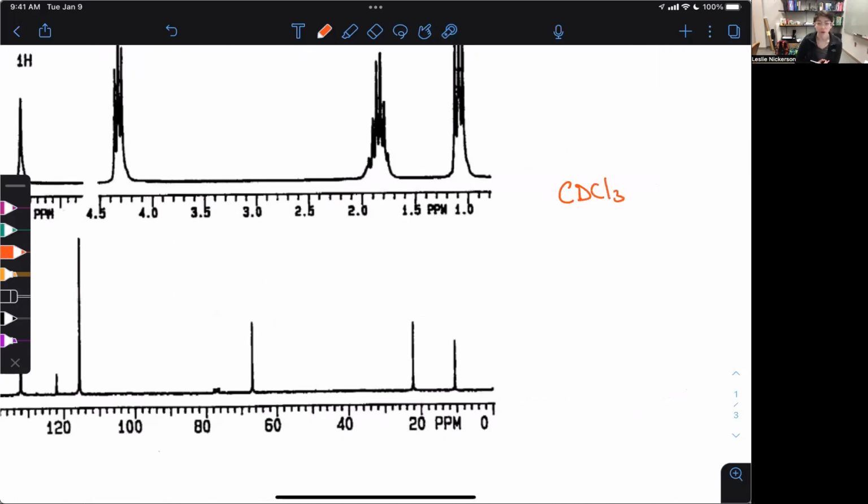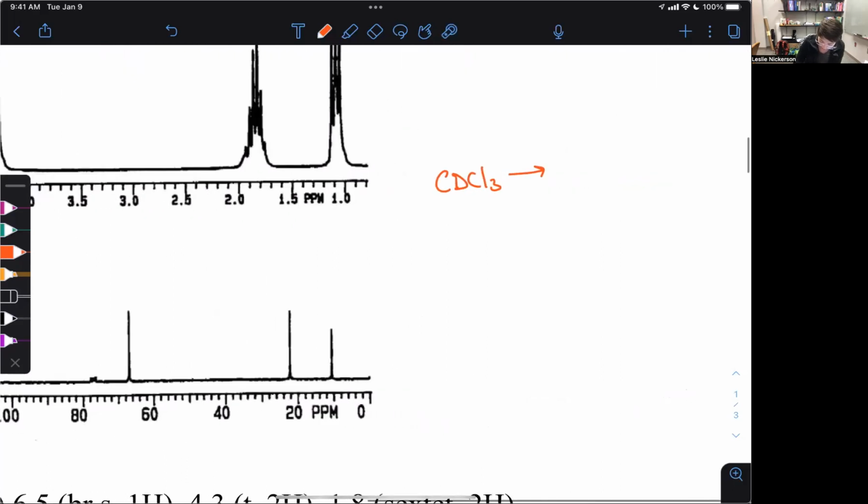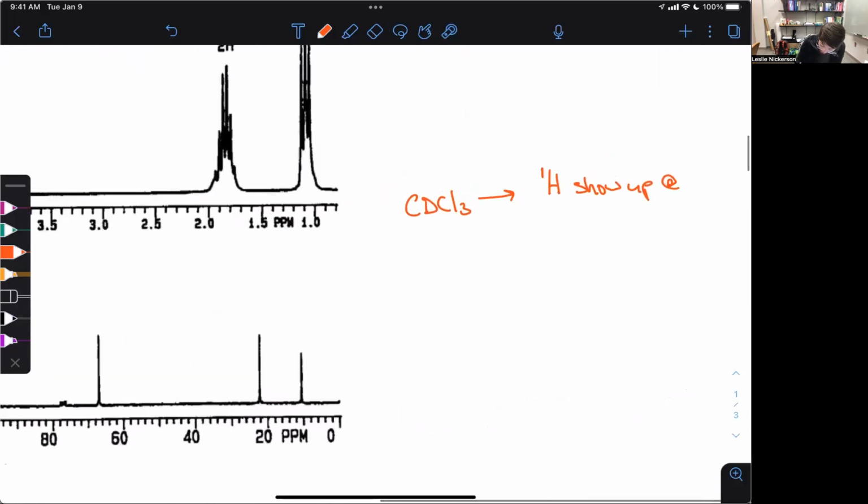I think a lot of you are going to be running your NMRs in chloroform for the NMR lab, or you are given proton and carbon NMRs in chloroform. I'm not sure if you actually run them or not. The thing to keep in mind is that this solvent for proton NMR shows up at 7.26.